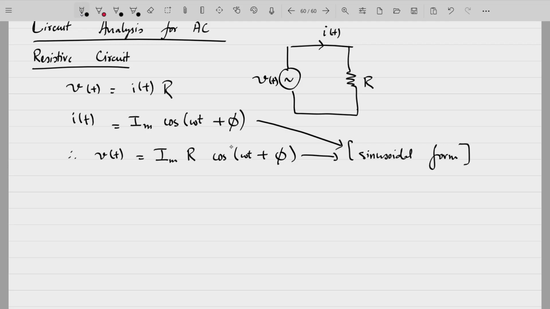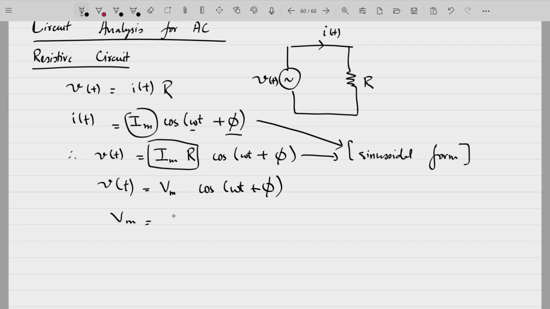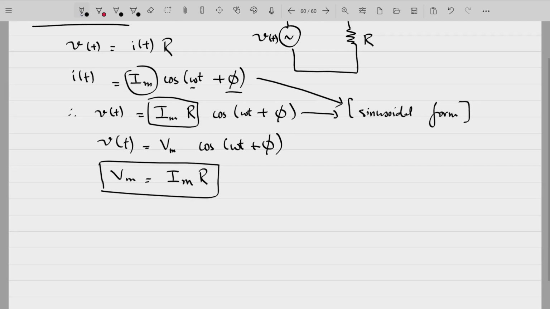Just to recall, phi is the phase, omega is the angular frequency of the system, Im is the peak value of AC current. Therefore, Im into R can also be written as Vm cos of omega t plus phi. So the peak value of voltage will be simply equal to the peak value of current into resistance R. This is the relationship between peak value of voltage and peak value of current for an AC circuit.